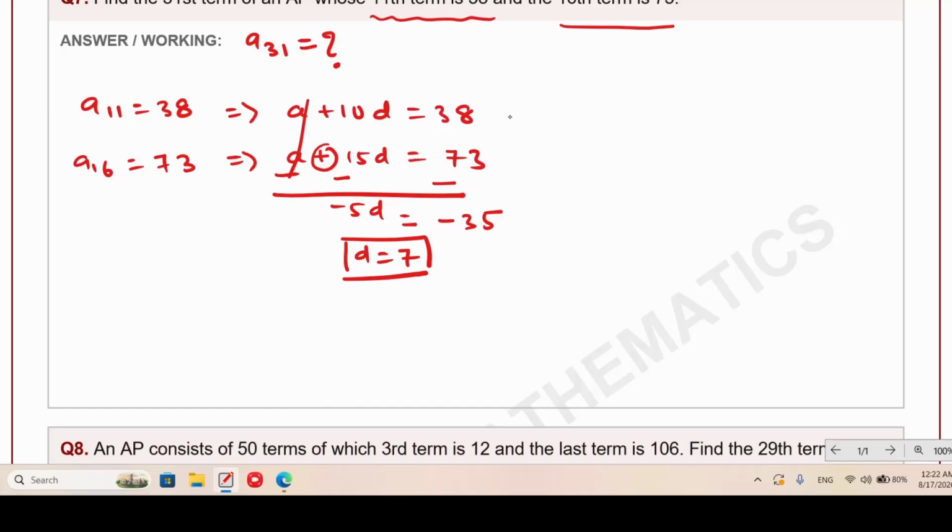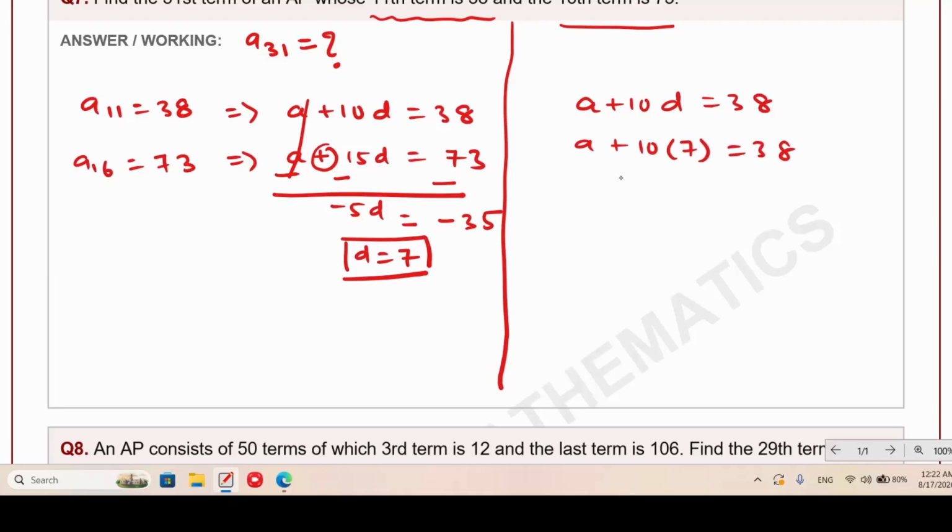Now putting the value of d here, you will get a plus 10d equals 38, and a plus 10 times 7 equals 38. So a is equal to 38 minus 70. So a is equal to negative 32.